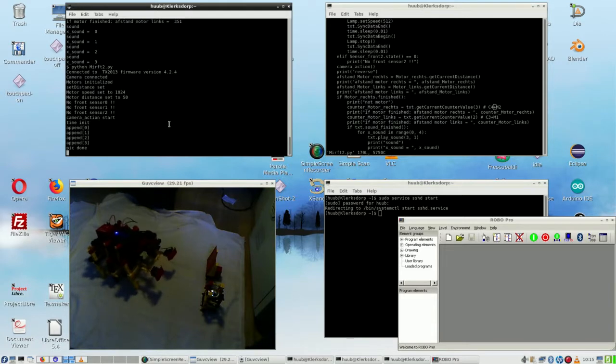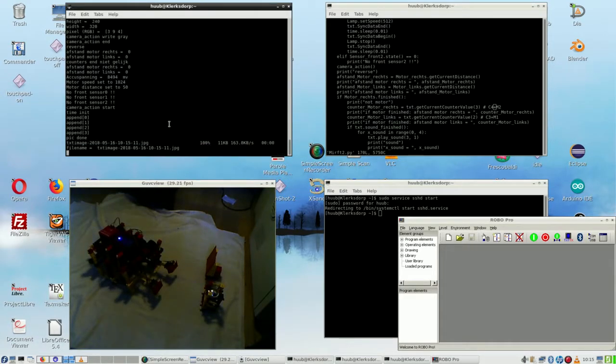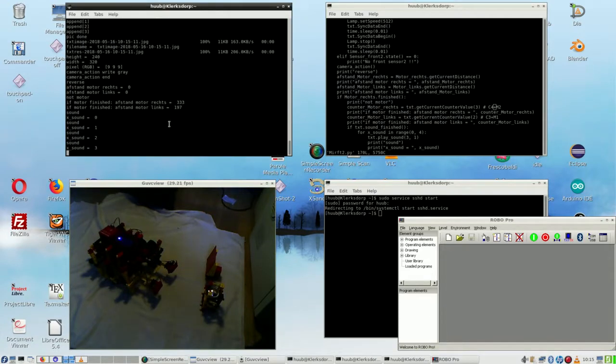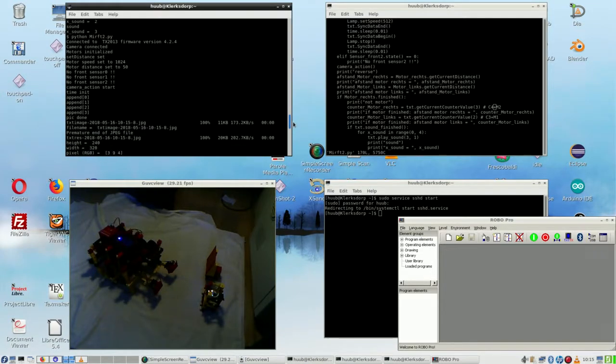And there we go, both legs. Really? Where does it start?